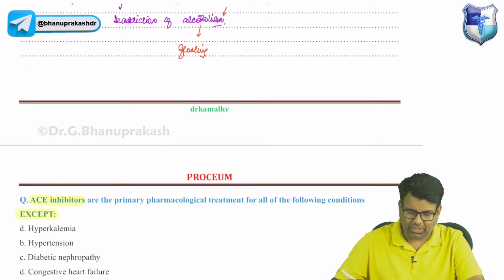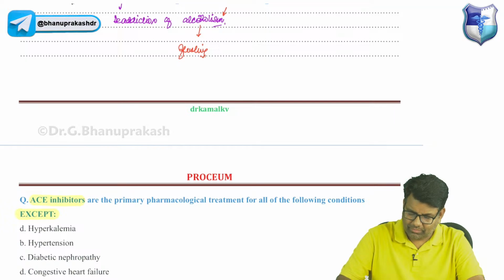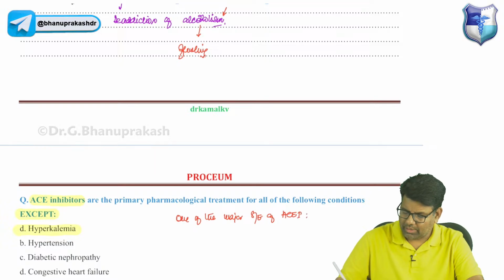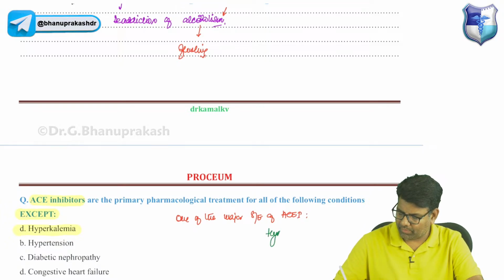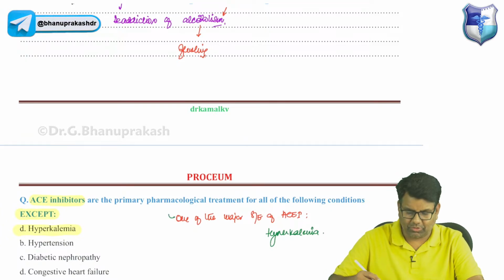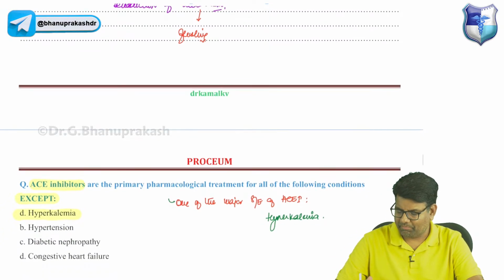To answer this question, you have to understand that one of the major side effects of ACE inhibitors is hyperkalemia. So there is no point in giving ACE inhibitors to a patient who already has hyperkalemia. Right? Otherwise, this will lead to fatal hyperkalemia.